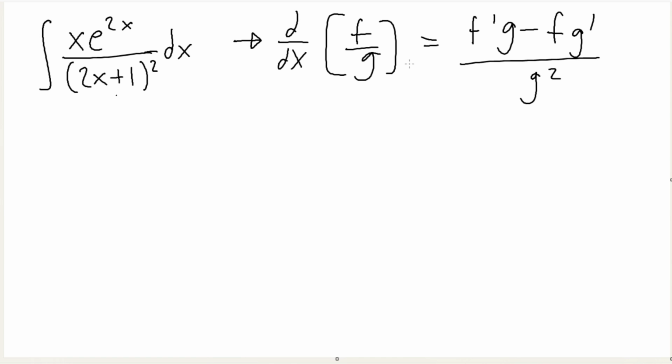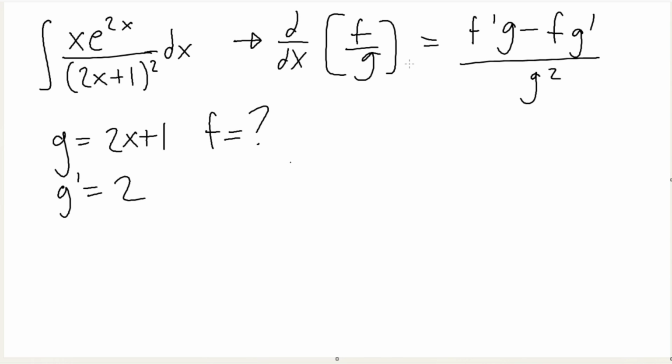Now, because this is squared, I'm going to assume that g is equal to 2x plus 1. Then my g prime is equal to 2. Now, what is my f? So f prime g minus f g prime is equal to x e to the power of 2x.